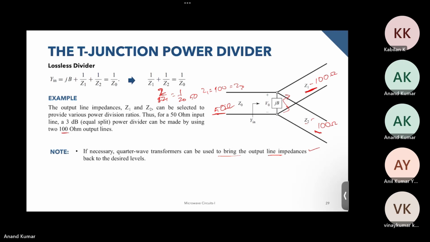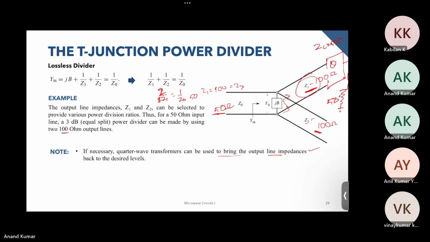But we have a load, for example ZL, which is 50 ohms, right? So we want to match it to this Z1, and we saw in the previous modules that to match this, we can use a quarter wave transformer over here, which will match it to the 50 ohm.